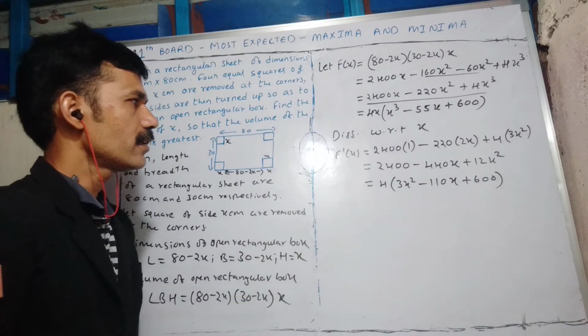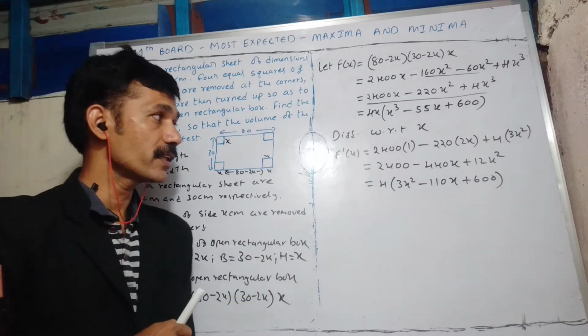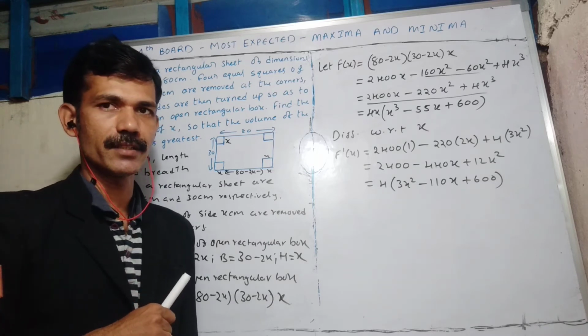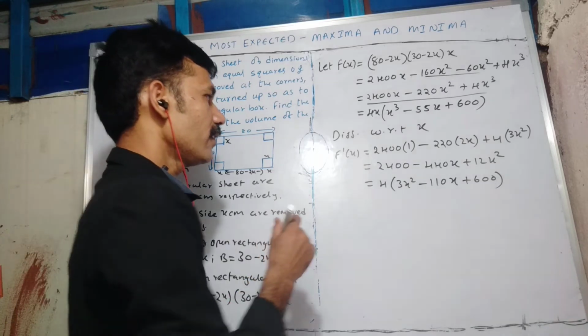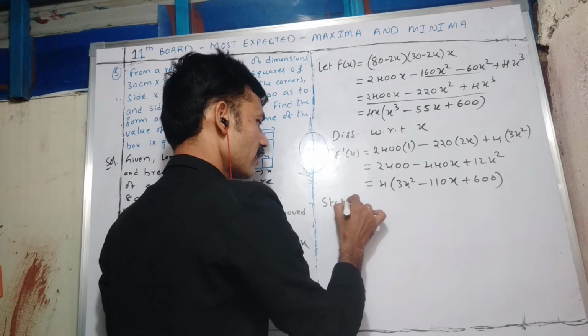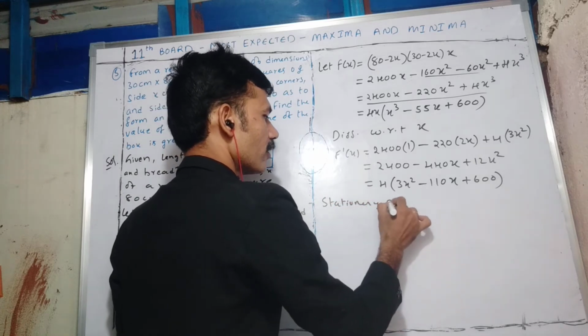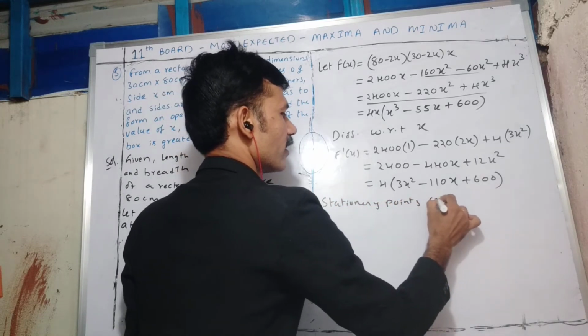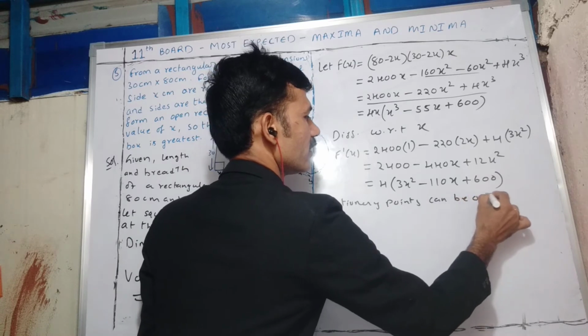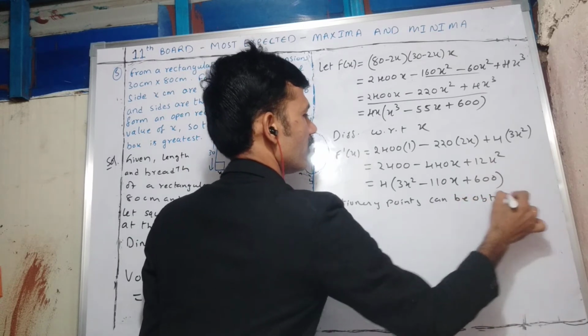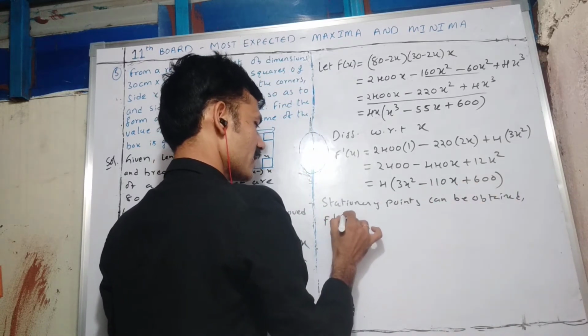Now we got f dash x. Here we can find the stationary points. Stationary points can be obtained when f dash x is 0.